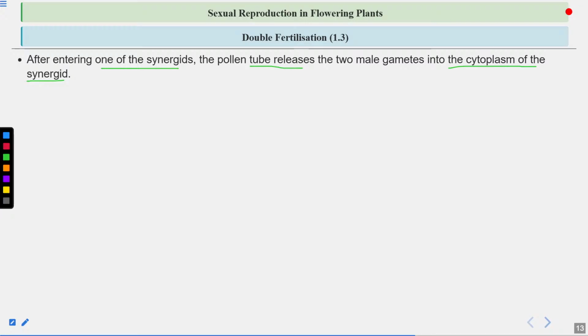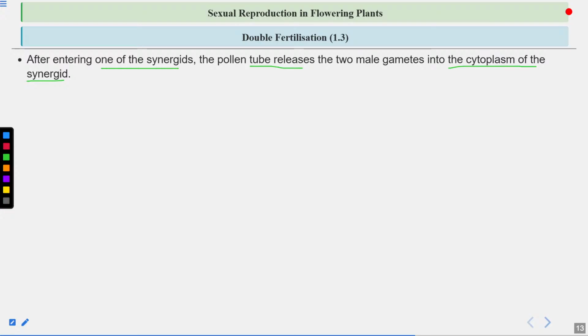The central cell, antipodal cells, and egg and synergids form the 7-celled embryo sac. Yes, a 7-celled and 8-nucleate structure. That is the embryo sac. Now my question was how the micropyle is formed. The micropyle is formed by the integuments.